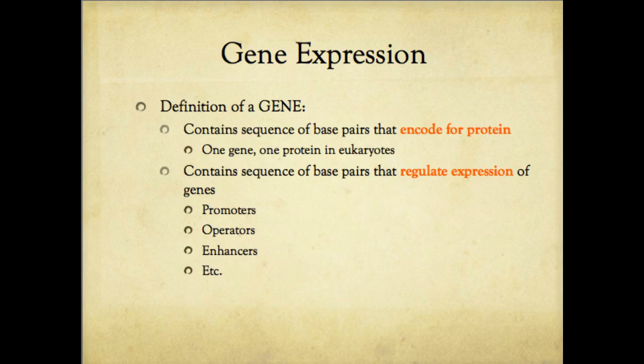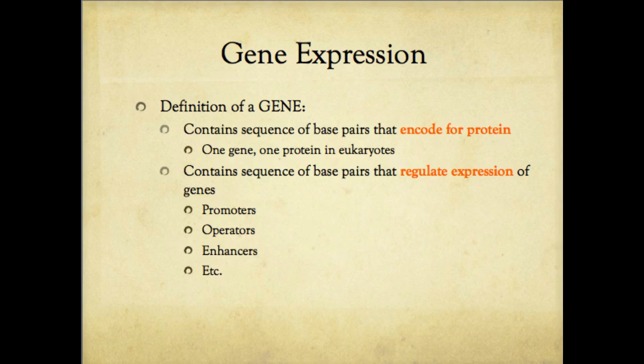So let's take a step back here and remind ourselves about the definition of a gene. What exactly is a gene? Most of us remember that a gene contains a sequence of bases that gives the instructional code to make a protein. One gene, one protein is the rule in eukaryotes.